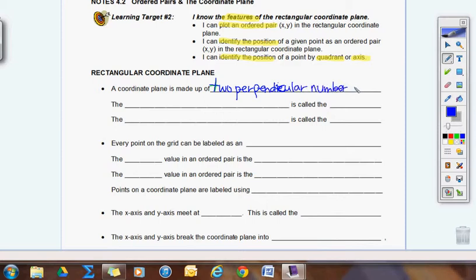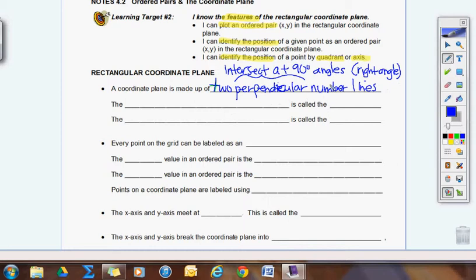The idea of being perpendicular means that when they intersect or cross, they make 90-degree angles, or sometimes also called a right angle. Okay, so two perpendicular number lines.